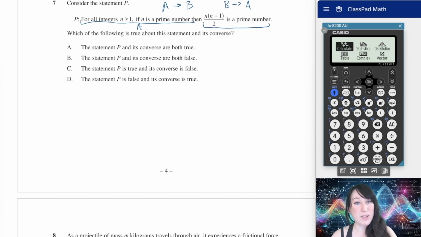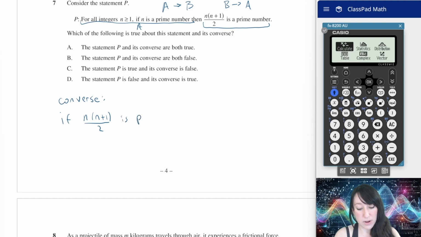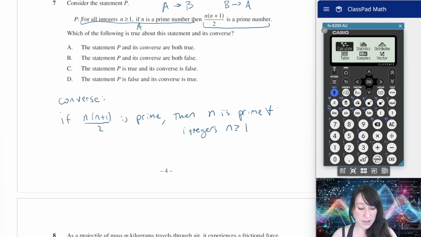So we just swap those around to create the converse. It would be: if n times n plus 1 over 2 is prime, then n is a prime number, for all integers n greater than or equal to 1. Let's check the truth of each of these statements.